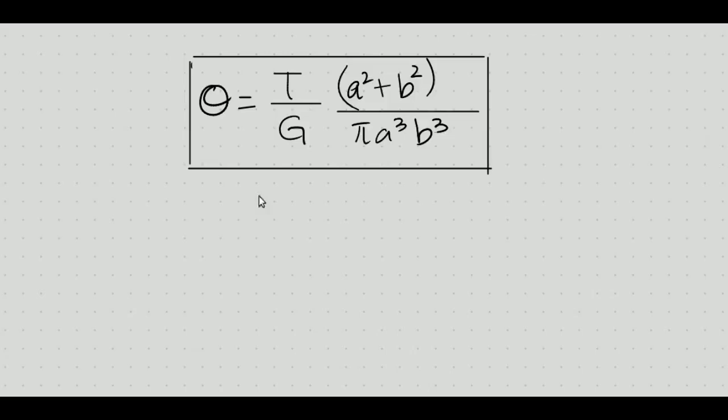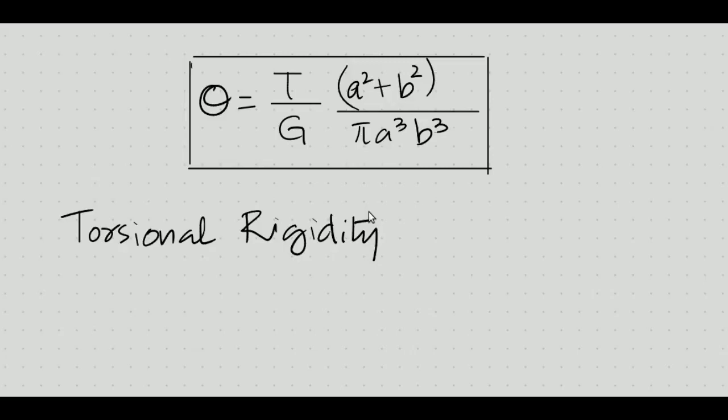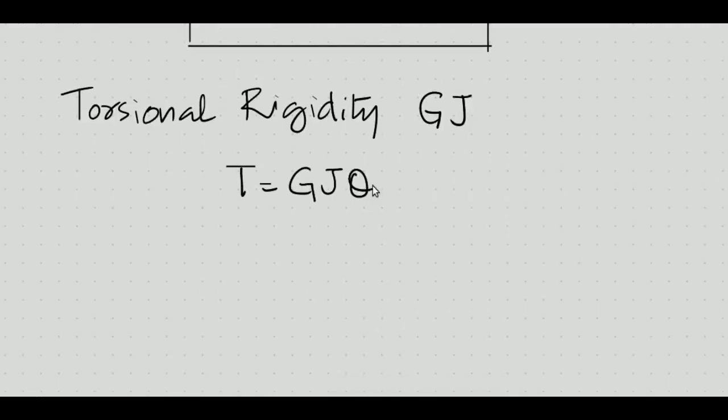And we will have another term that we call torsional rigidity, which is a measure of the stiffness of the bar under torsion, and it is given by G J. We know that torque is given by T is equal to G J theta, and from that torsional rigidity can be written as T by theta.